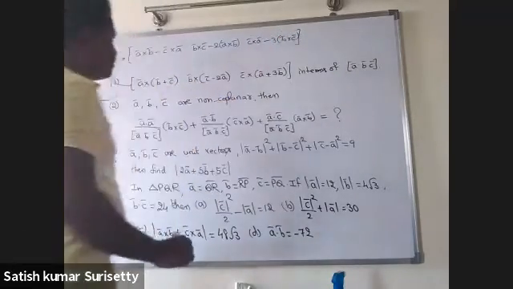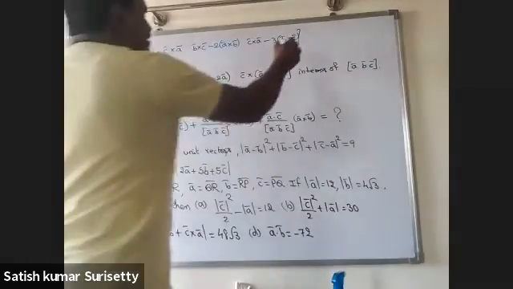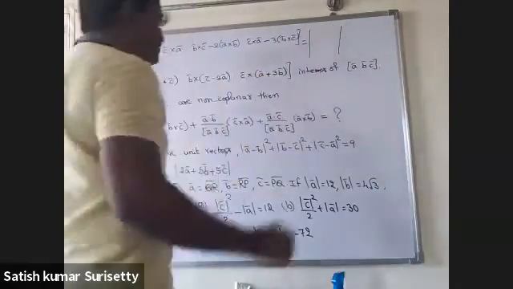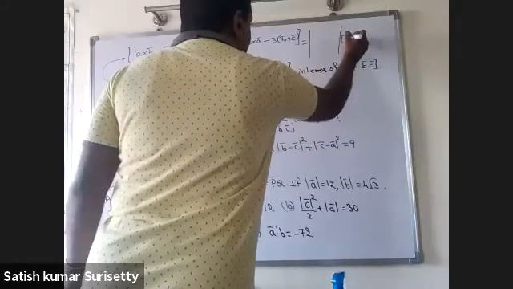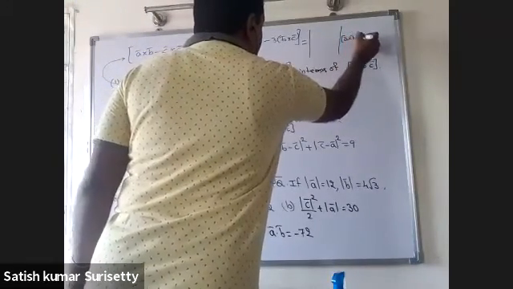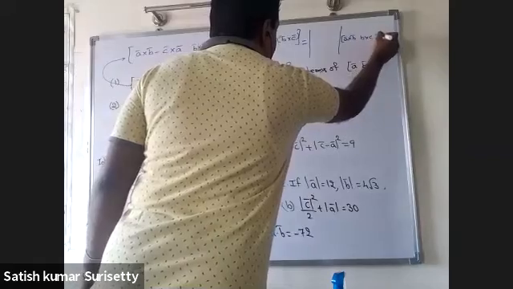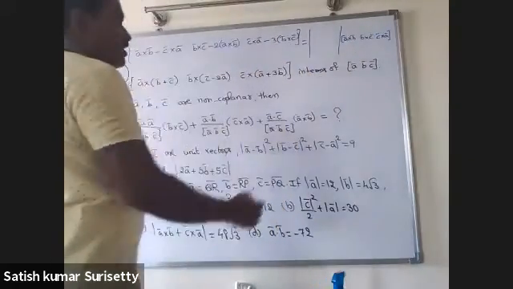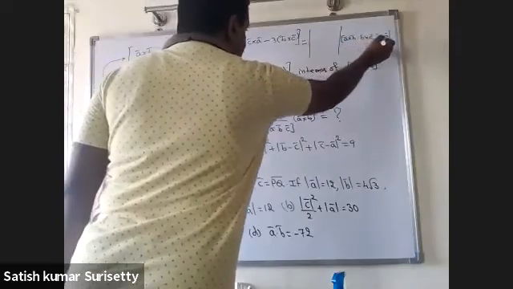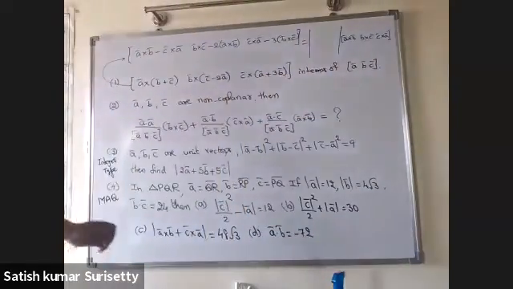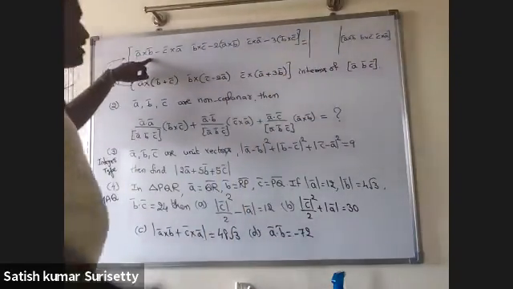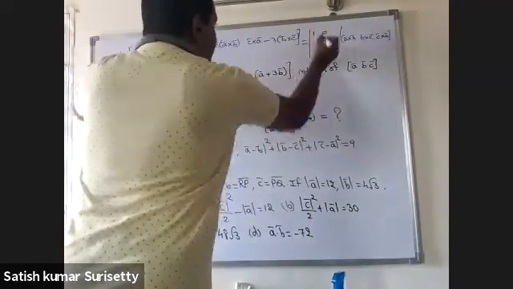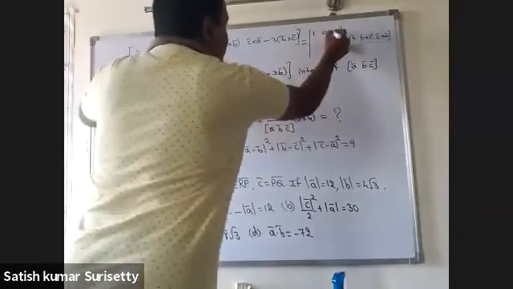Now, there is one property. This I can write as determinant of coefficients into scalar triple product of a cross b, b cross c, c cross a. The coefficients of a cross b, b cross c, c cross a will be in the first row from the first vector: a cross b coefficient 1, b cross c 0, c cross a minus 1.